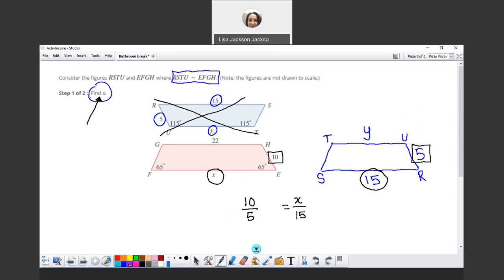Now, as always, we are going to multiply the numbers that are diagonally opposite each other and divide them by the number that's diagonally opposite your x. So I now have x is equal to 10 times 15 divided by 5.